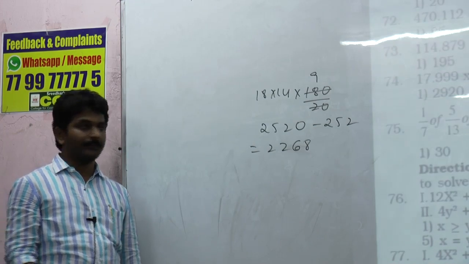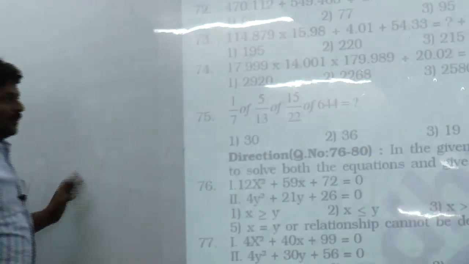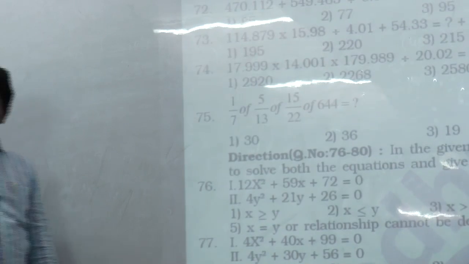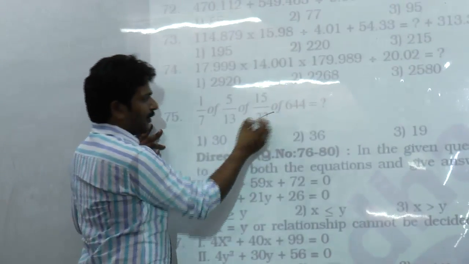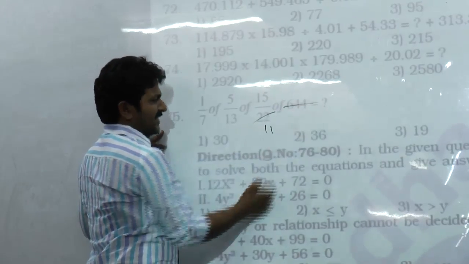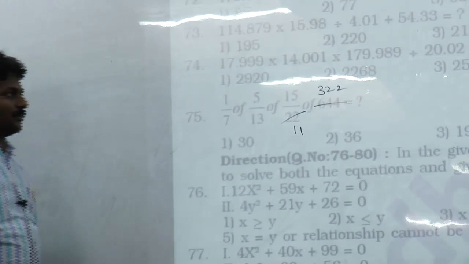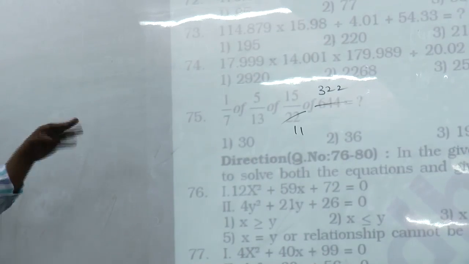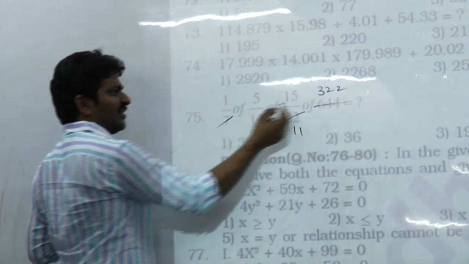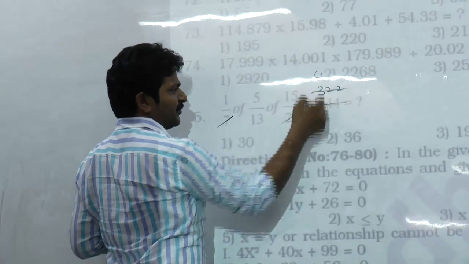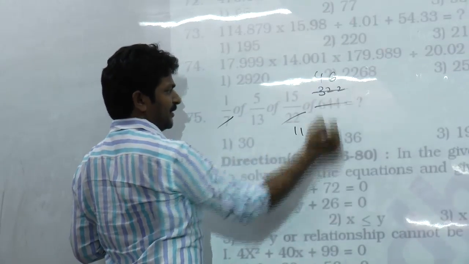Done? You have no more cancellations, I think. Hardly you can go for cancellation with 2, 11 times, and this is 322. Cancellation with 7, huh? 7 how many times? 4 times, 28, 42, 6 times.